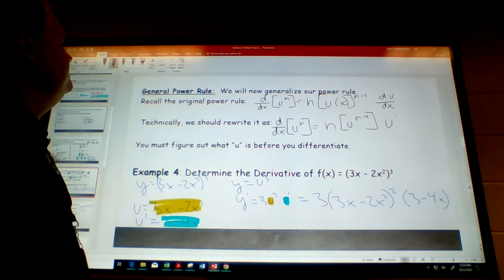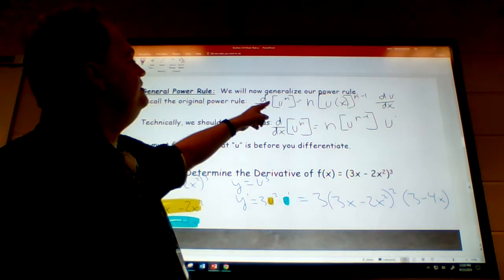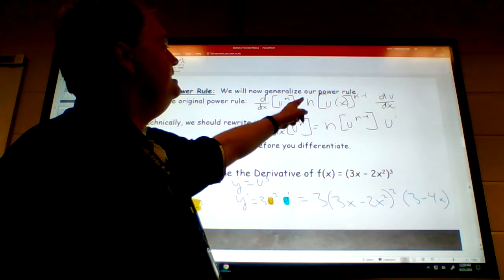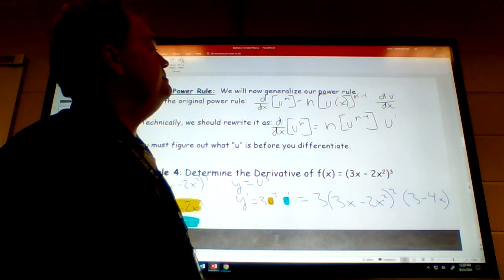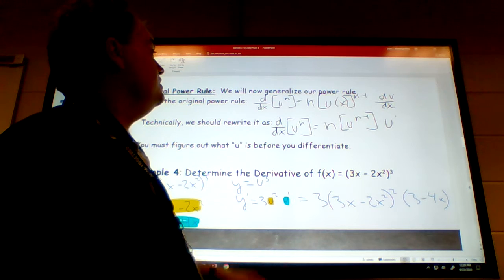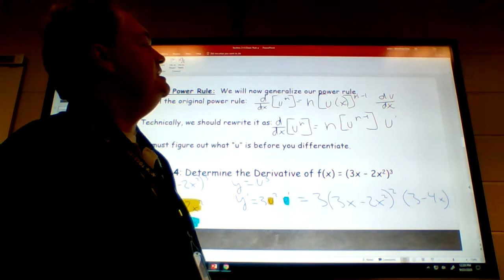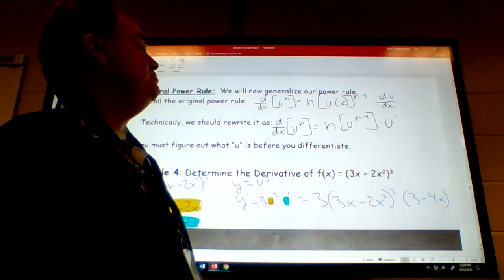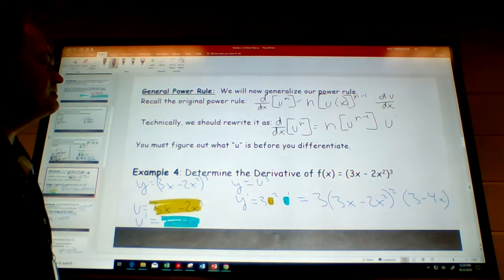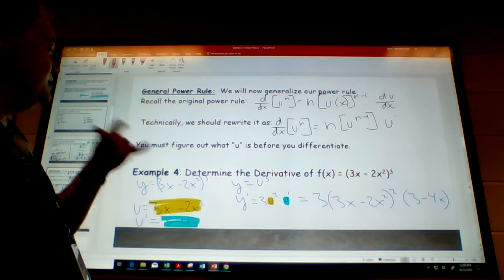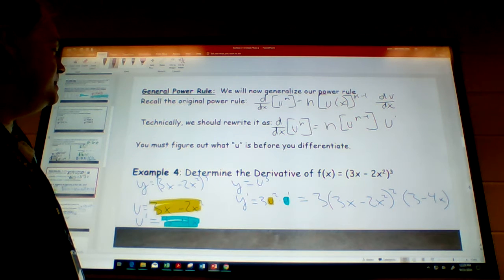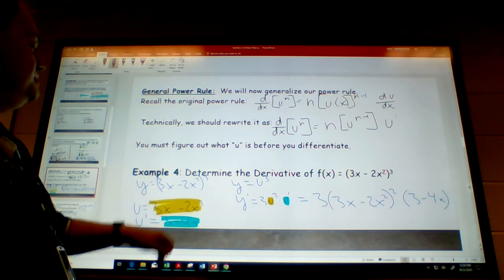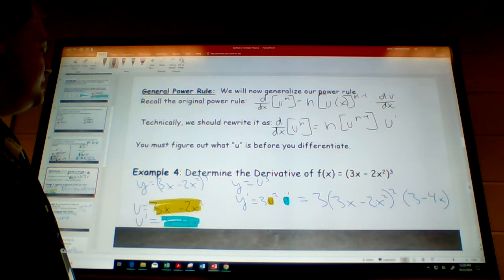Okay, now, the general power rule is the derivative of u to the n equals n times u to the n minus 1 times the derivative of u over x, or n times u to the n minus 1 times u prime, which is what we get here, where u is 3x minus 2x squared all to the third, and u prime is just simply 3 minus 4x.